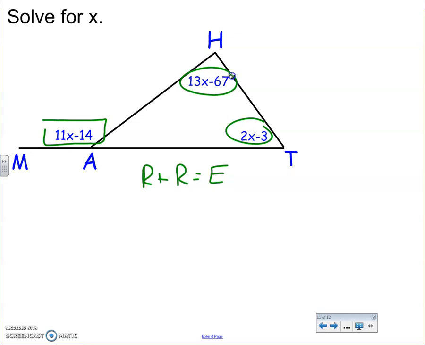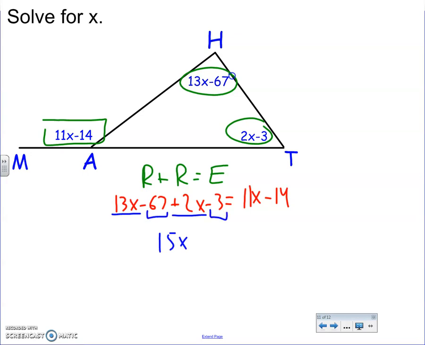But the first remote is 13x minus 67, plus the second angle is 2x minus 3, equals the exterior, 11x minus 14. We are going to combine terms. 13x plus 2x, that's 15x. Negative 67 minus 3 makes negative 70. This right side, there's nothing to do.